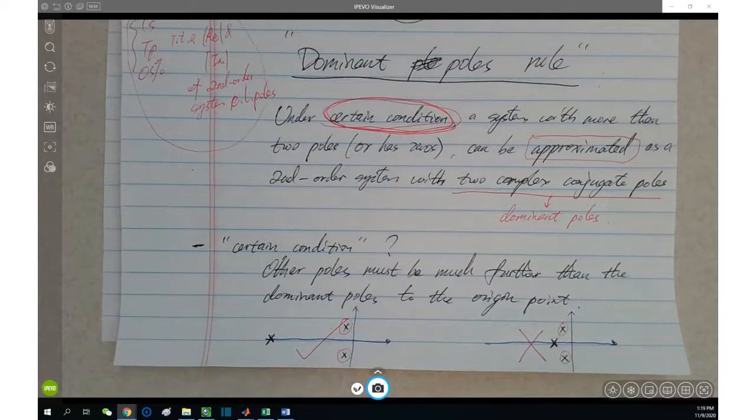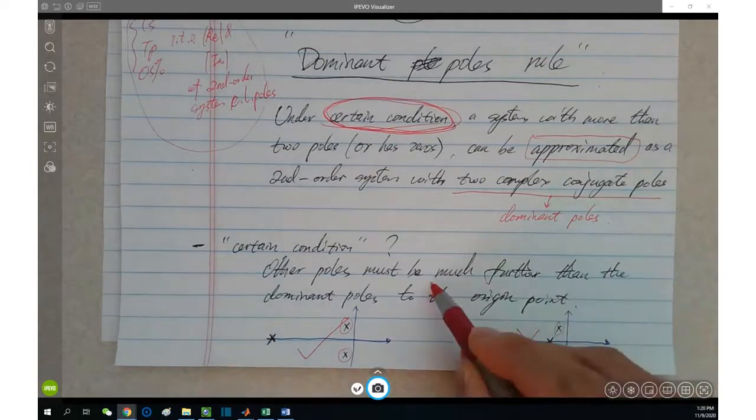That is the textbook's description. However, I don't like such a description very much, because following that, I found some system approximations are not accurate enough. That's why I'm using "much further."